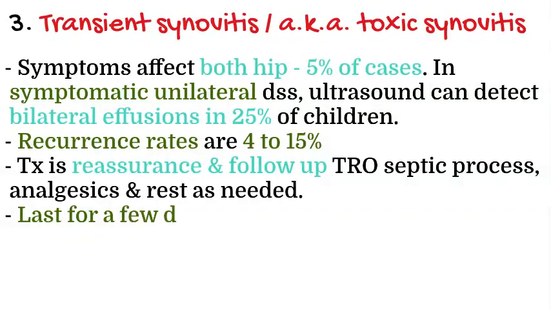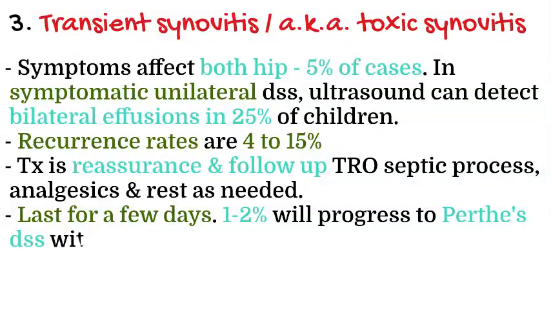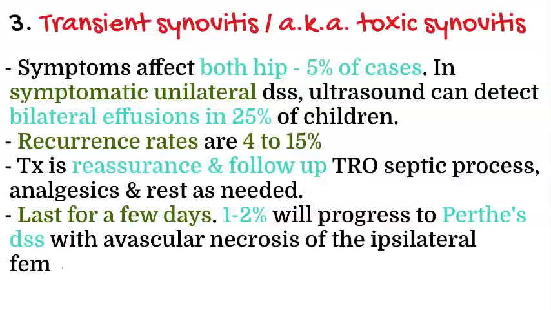The treatment is reassurance and follow-up to rule out a septic process, analgesics, and rest as needed. Usually, it lasts for a few days. 1 to 2% will progress to Perthes disease with avascular necrosis of the ipsilateral femoral head.